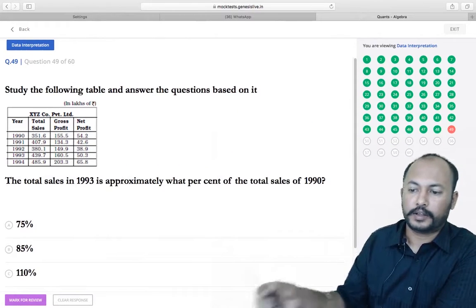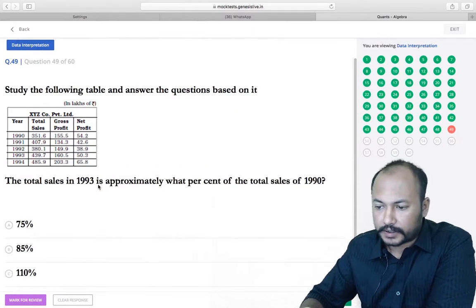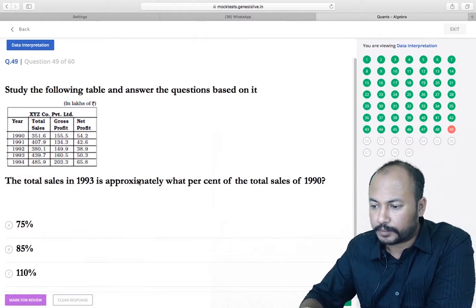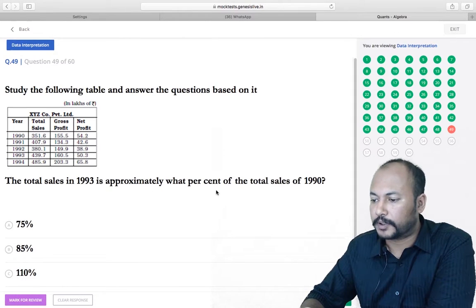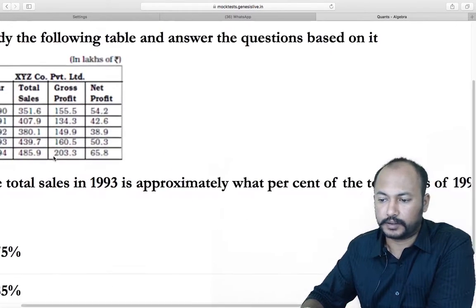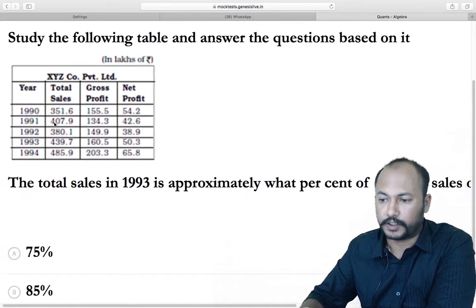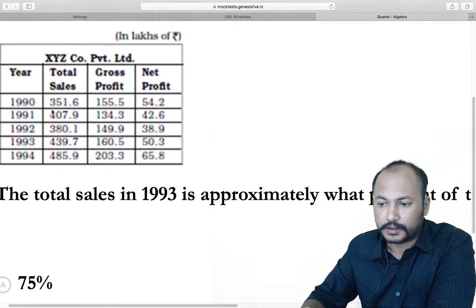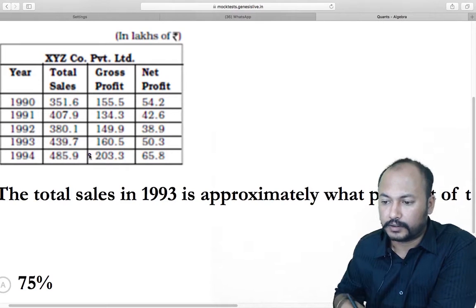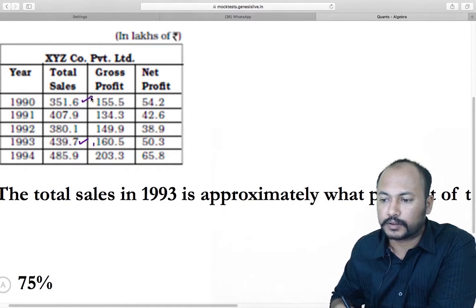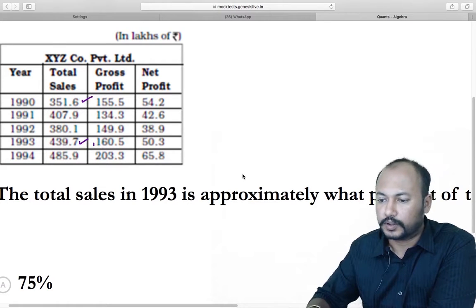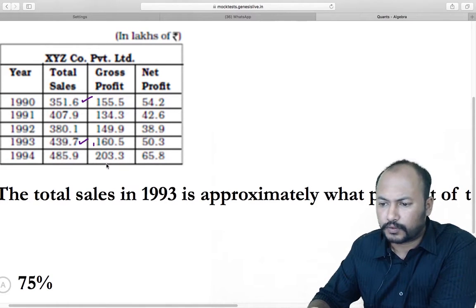Next question: total sales in 1993 is approximately what percent of total sales in 1990? Total sales 1993, 439, this value is what percentage of this one?